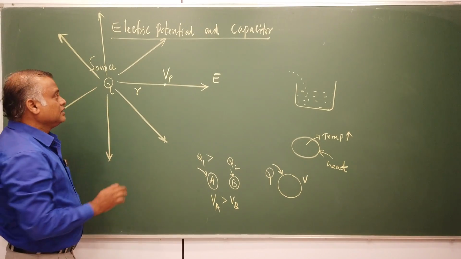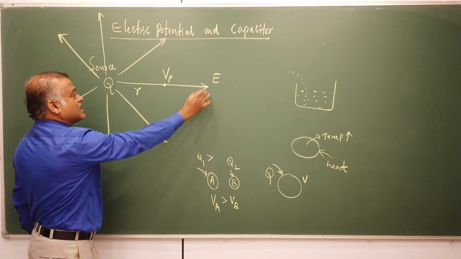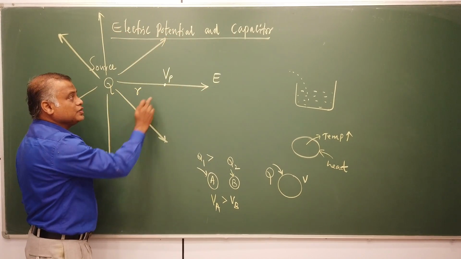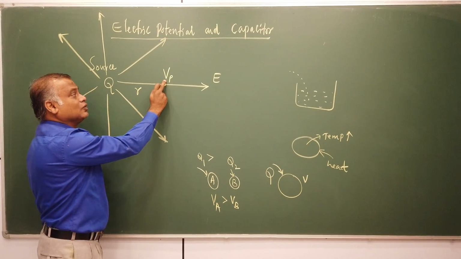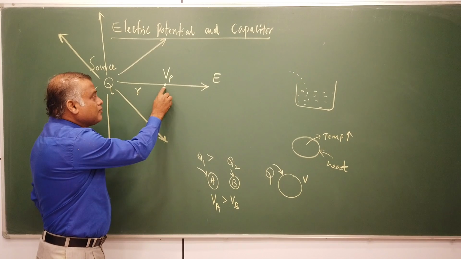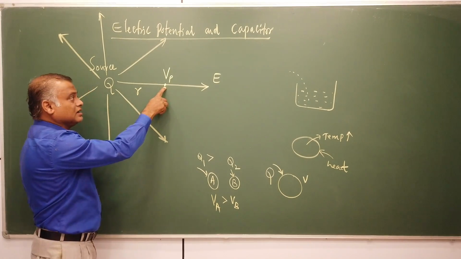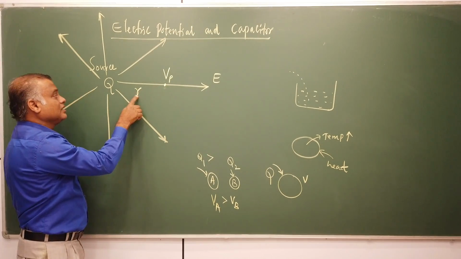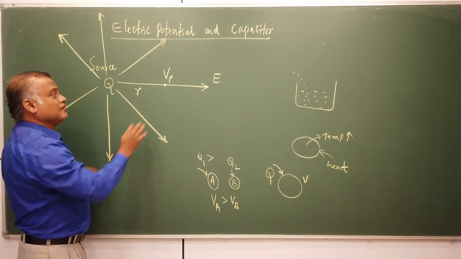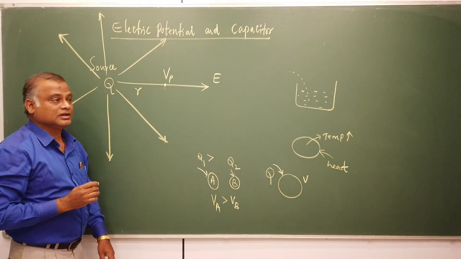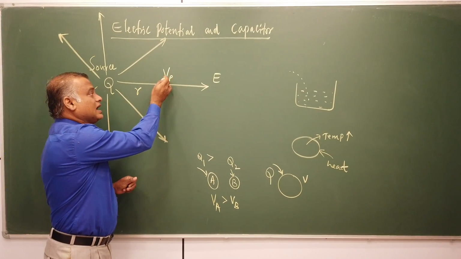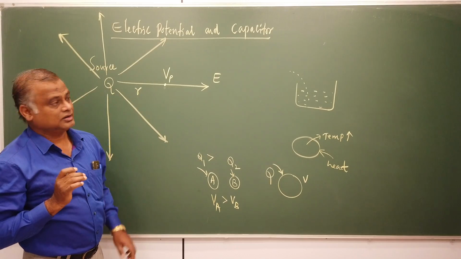The question is, in this electric field, you have to determine the electric potential at the point of consideration at a distance r from a given source charge q. For determining this, you must be able to define what you mean by electric potential.